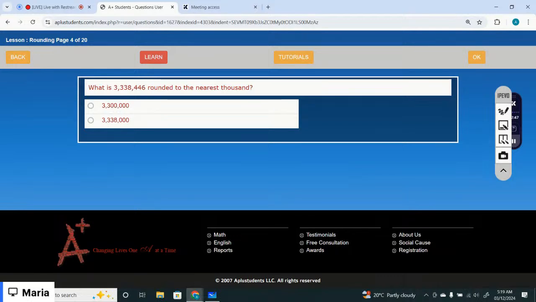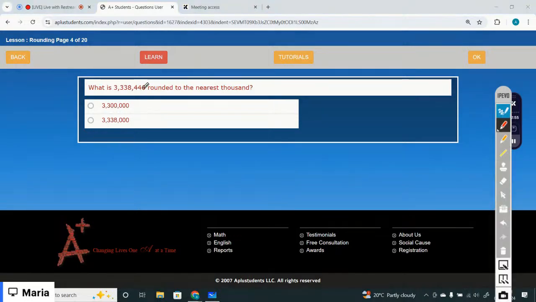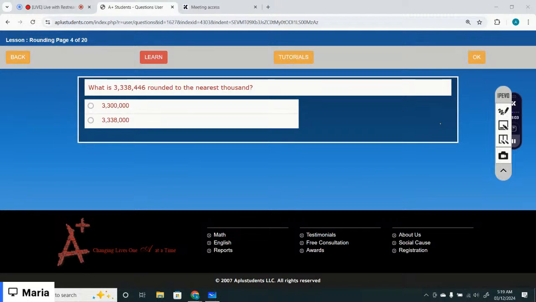Nearest 1000. So, which digit is at the thousands position? That is 8 is at the thousands position. So which is the correct option? 1 or 2? Very good. That's option number 2.